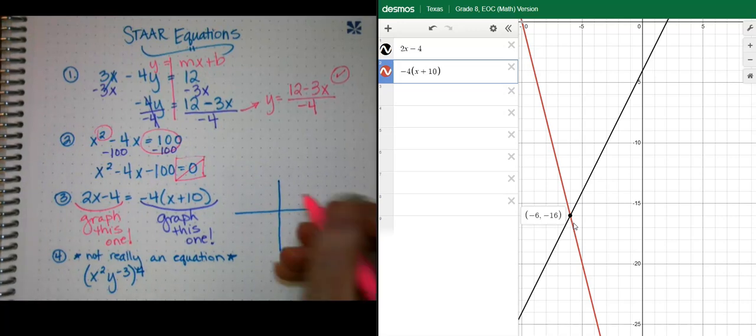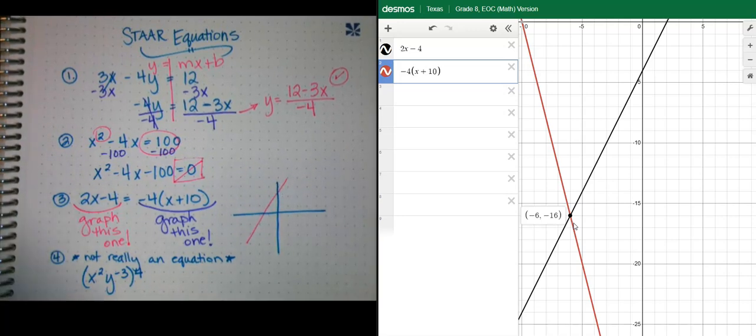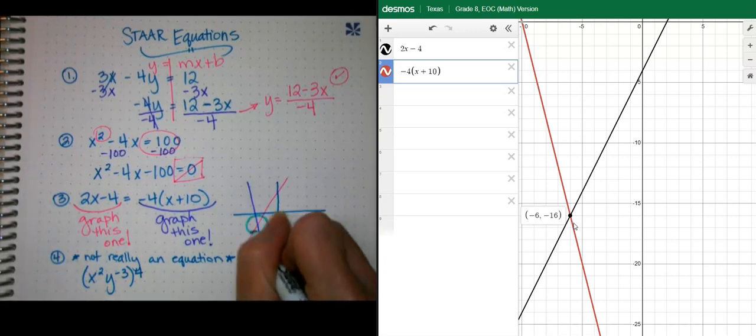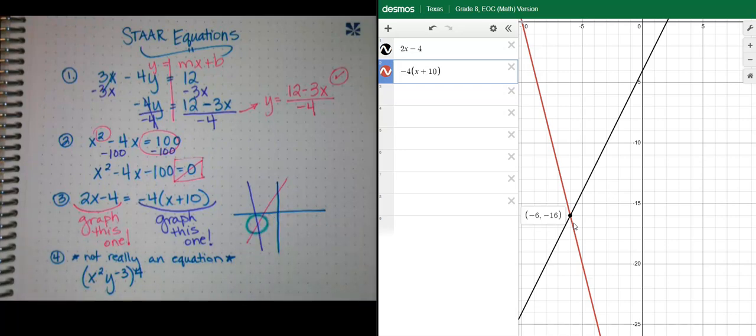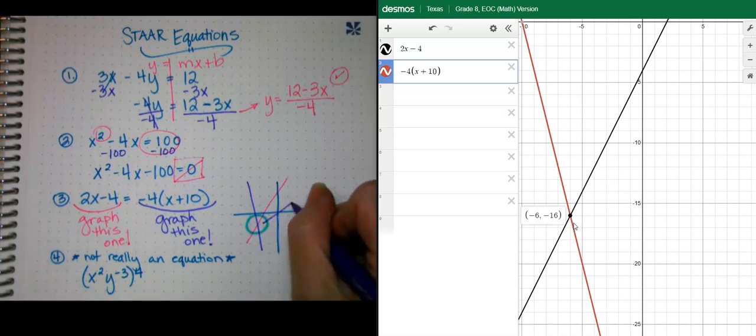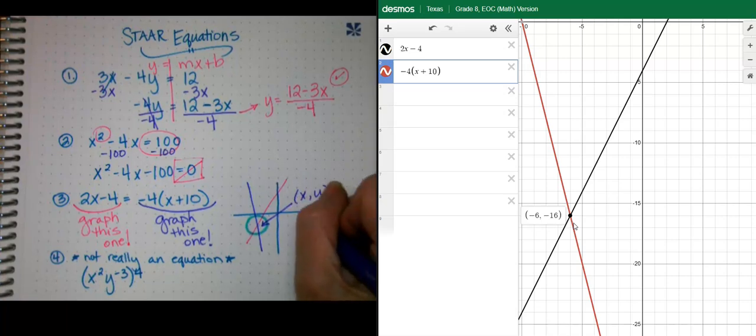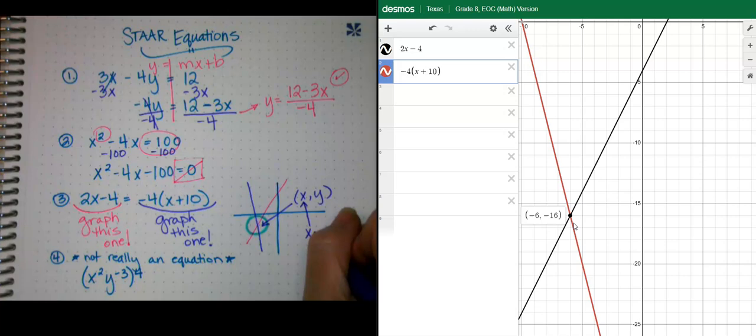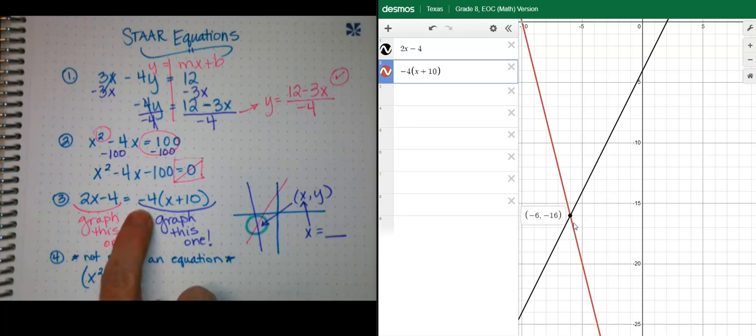You're going to have a line that looks kind of like that, and then you have a line that looks like that, and then to figure out what you need to figure out, you come here to where they meet, and this gives you a point, and this is your answer. X equals, in the case of this one, it would have been negative 6. All right, so that's how you deal with these equations.